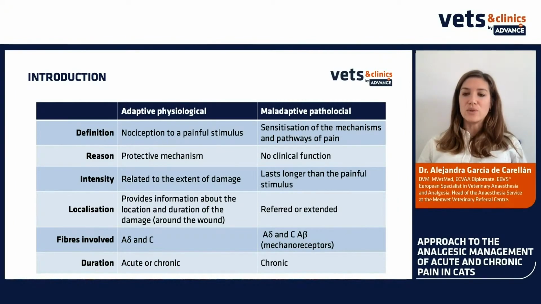In cats, we have a few examples of chronic pain that don't have any function. For example, urinary problems, facial pain states and other neurological problems that are related to chronic pain, and they don't have any physiological use.